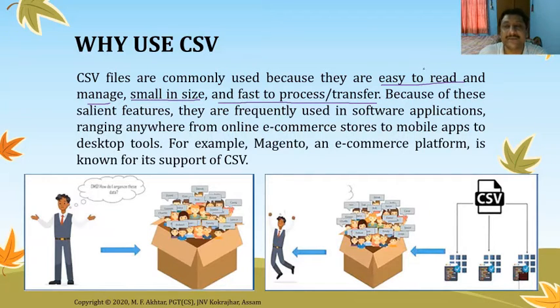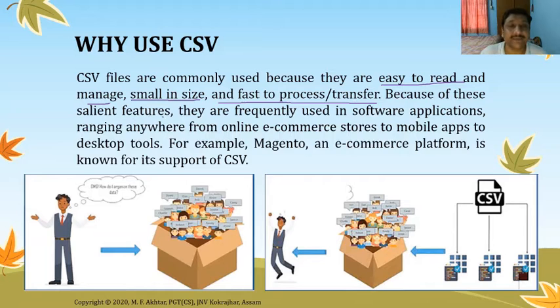Why is it easy to read? Because it is available as a plain text file, so any editor can read these files, and the size is also small. And the processing is fast because transferring is fast here.